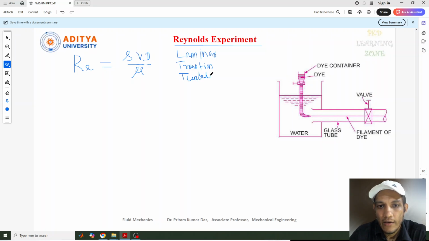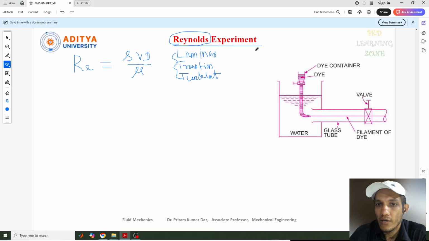From this experiment, we can identify these things. This experiment was initially done by O. Reynolds. The name of the scientist was Reynolds, so the experiment was named after him, and the number was also given the name Reynolds number.